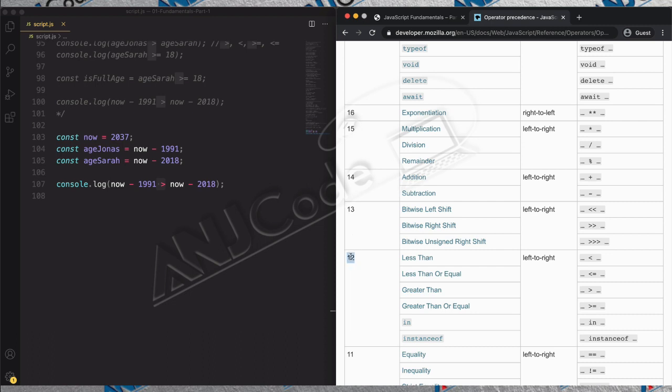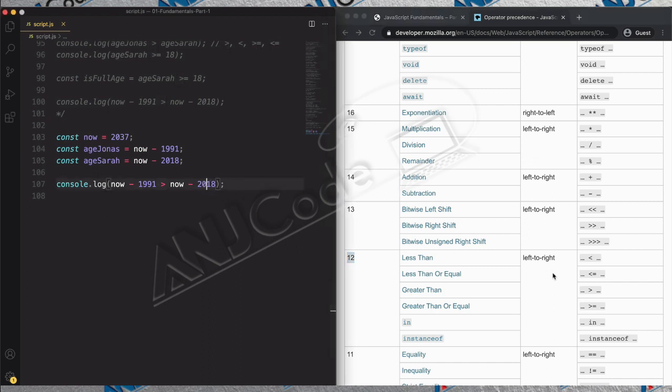And of course, you don't need to know any of these precedence numbers. Okay, don't worry about that. It doesn't matter. No one knows these. You just have to have a general idea of which operators are executed first. So usually all the math operators are executed before the comparison operators, for example, because that makes sense. And so with this, we explain why this kind of comparison that we have here works.